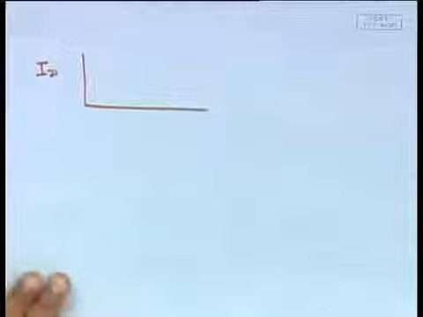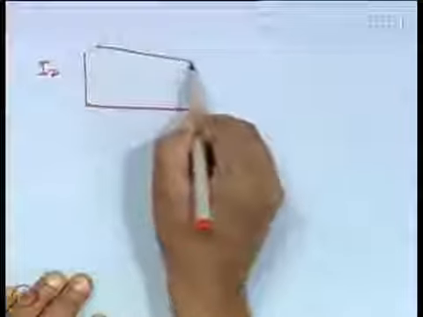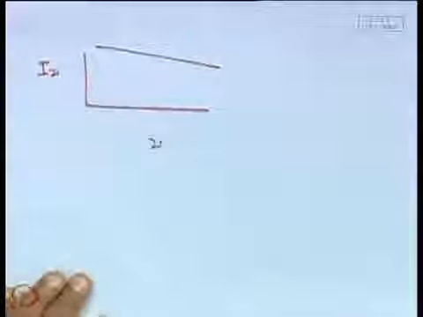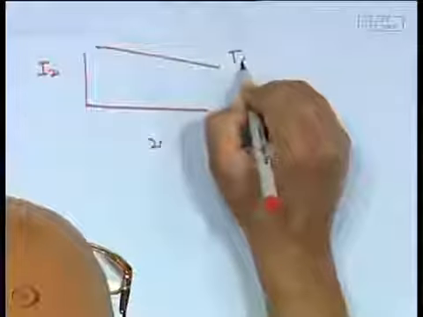If the shell were not present, then I would have something like this continuum black body spectrum at a temperature T core.